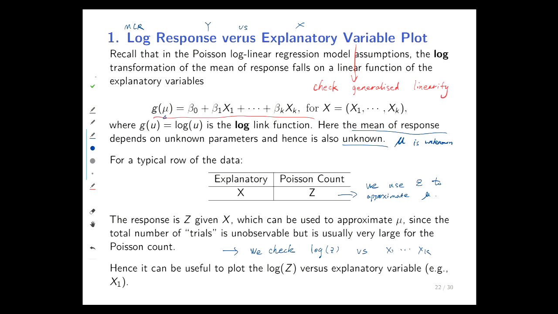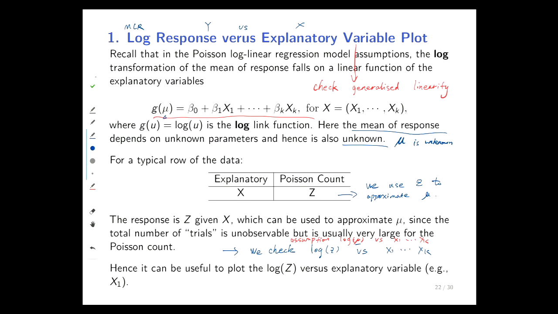Originally our assumption is the relationship of log mu versus x1 to xk, and here we replace mu with z, so we just look at log z versus x1 to xk.